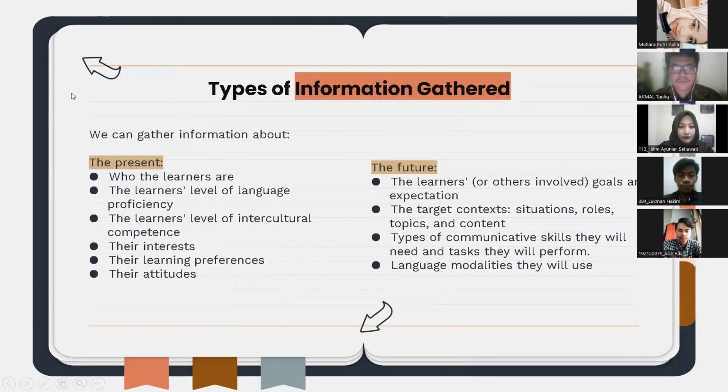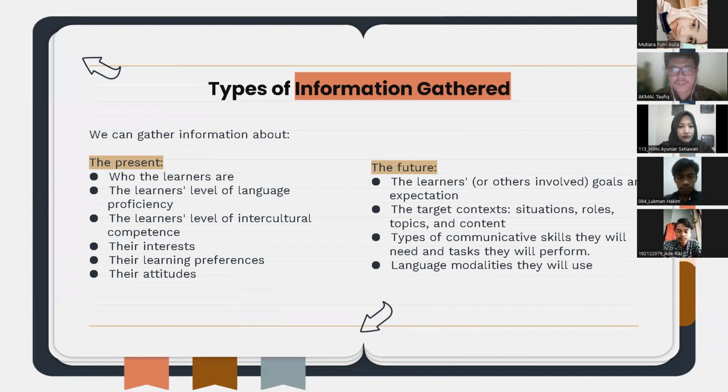In this section, I would like to explain about types of information gathered. There are two types of information that we can gather. First is information for the present and the information for the future. The information for the present includes who the learners are, the learners' level of language proficiency, their level of intellectual competence, their interests, their learning preference, and their attitude.